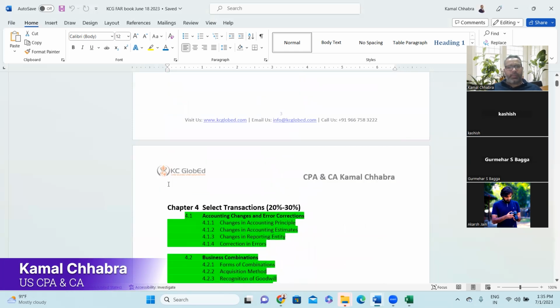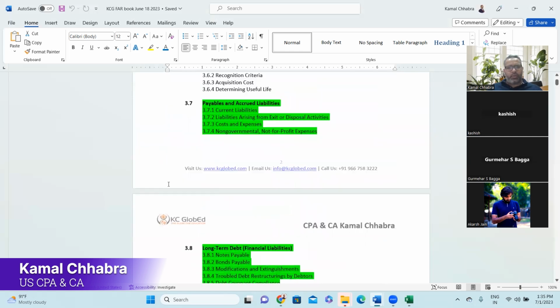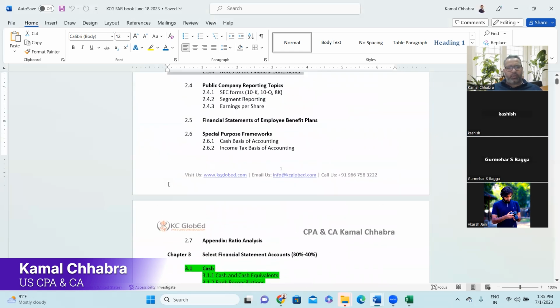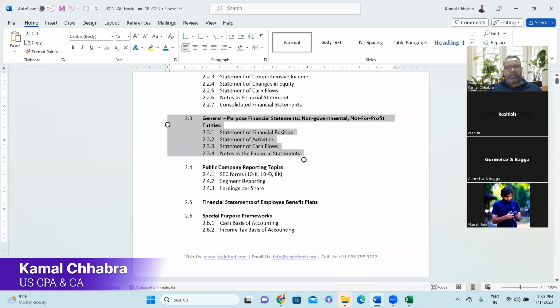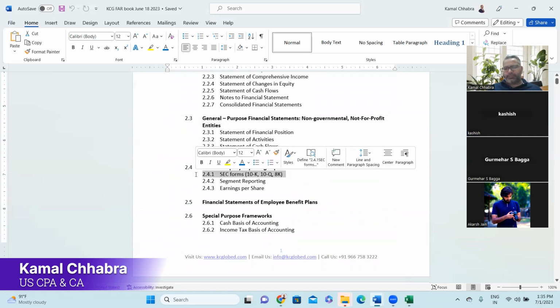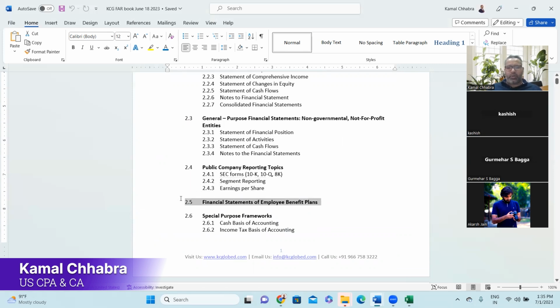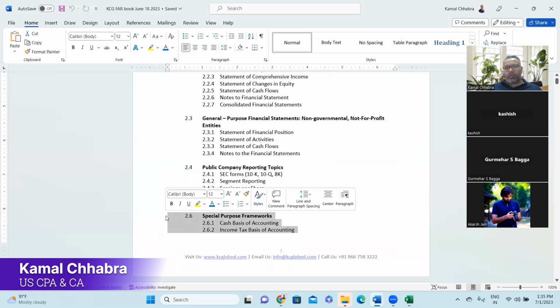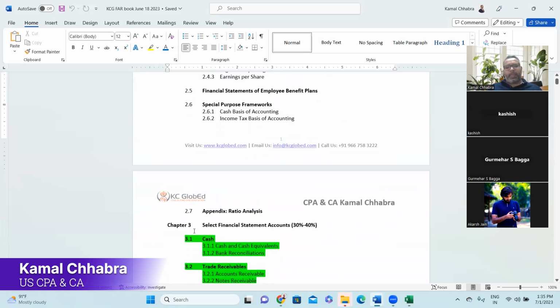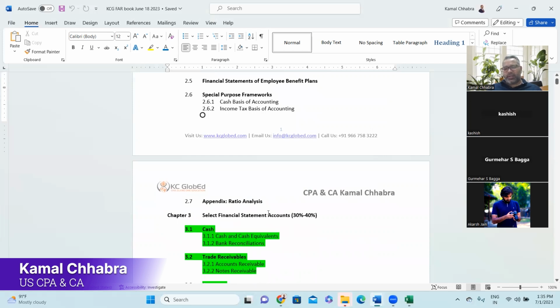Now coming back to the fourth topic, public company reporting, 10K, 10Q, you are all aware of, right? Then earning per share and segment reporting is a very significant topic. Employee benefit is a good topic, and cash basis and tax basis of accounting is a very small topic, 1 or 2 questions you can expect from it. And ratio analysis you have already studied, so we'll not be repeating it again.